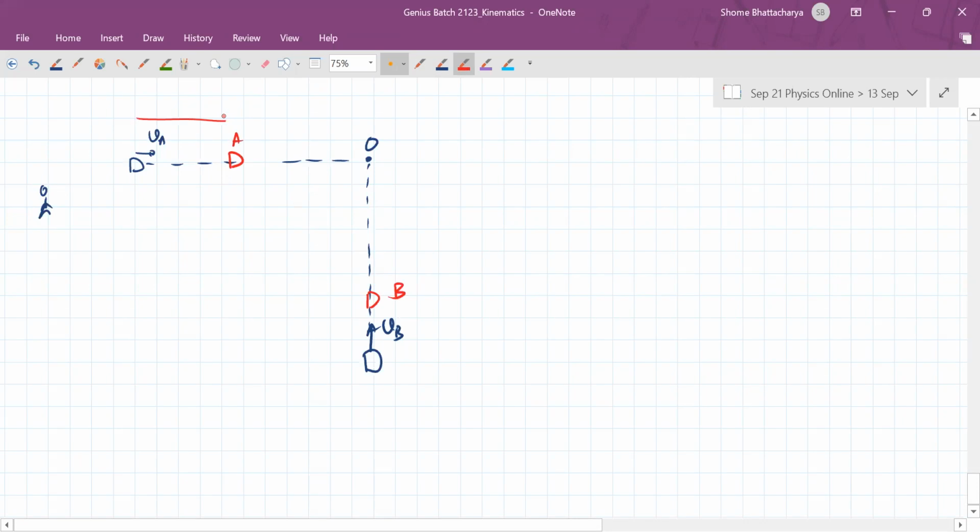So A has traveled a distance of 16t, like this. B has during that same time traveled a distance of 12t, like this at time t.